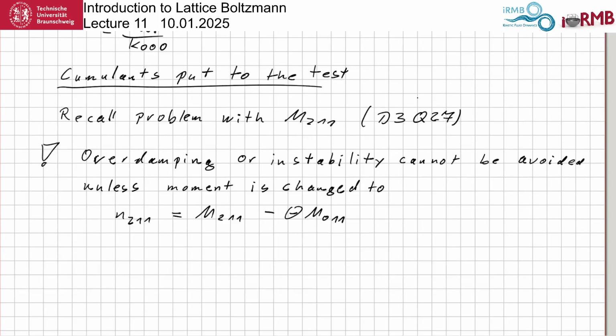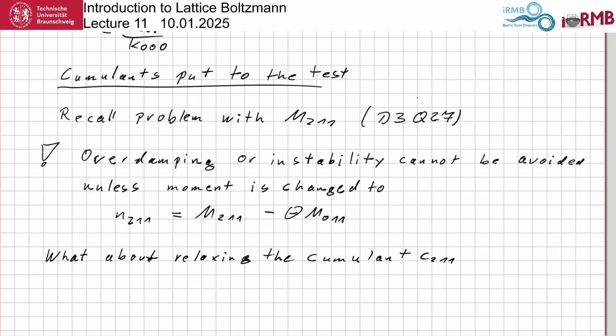So what if instead of this we use cumulants? This weighted orthogonality was better than the non-weighted orthogonality, but it was of course not Galilean invariant.